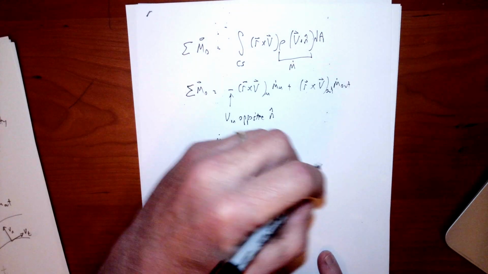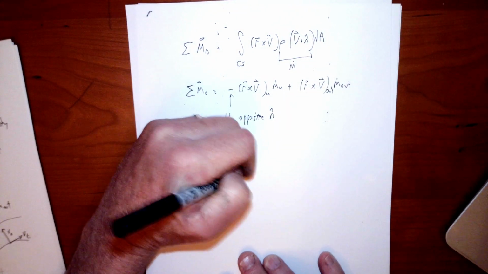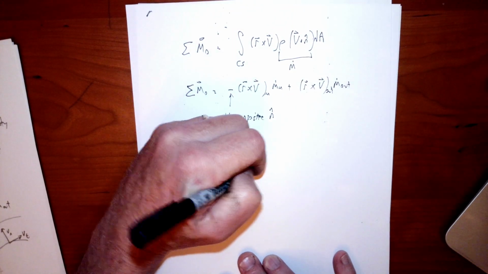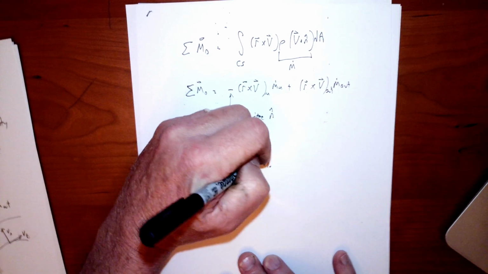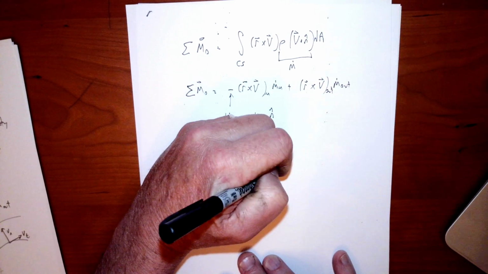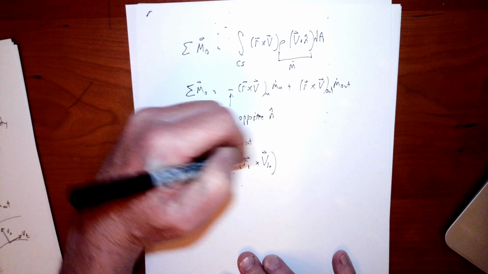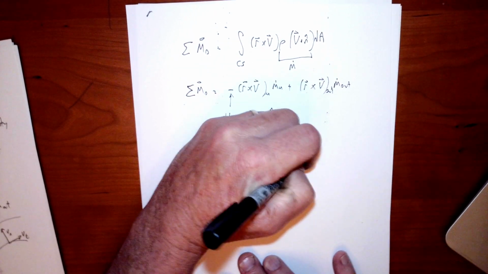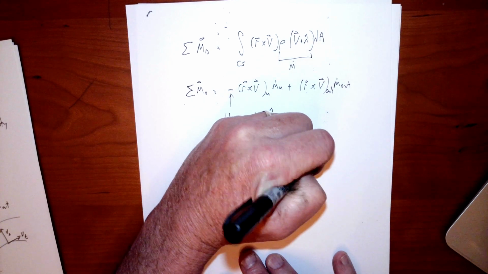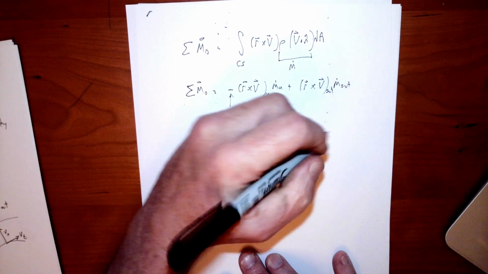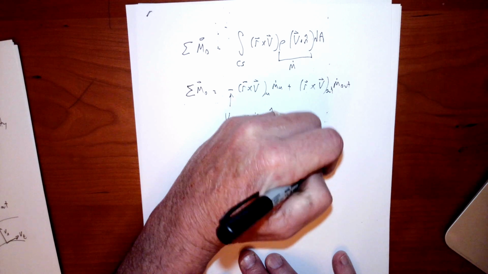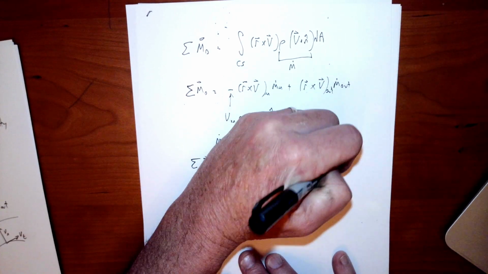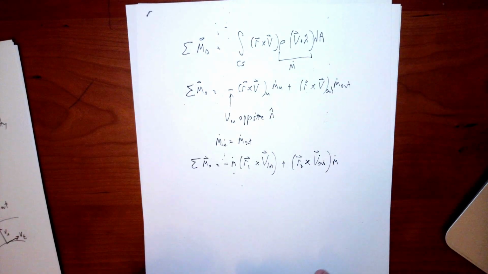And of course, at the inlet, it's r1, so we're going to use the r1 vector and the inlet velocity, all with a minus because we're still at the inlet. Then we have R2, the outlet radius, crossed with the outlet velocity, and m dot there as well. Okay, so that's going to be our formula.